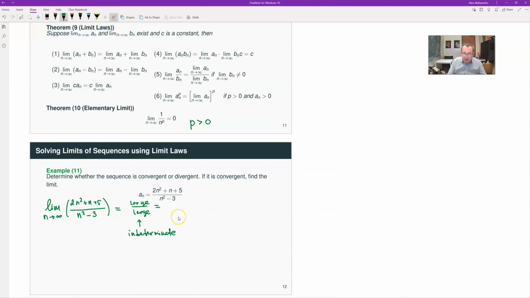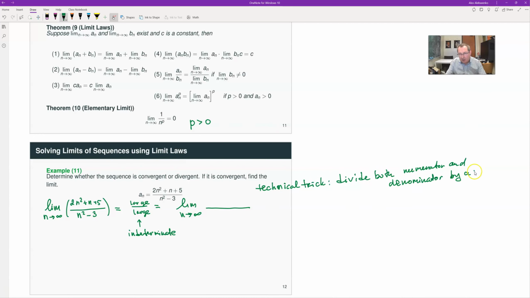Now, what we could do, we can rearrange the expression a little bit to make it determinate. So how can we rearrange the expression? We can use a technical trick: divide both numerator and denominator by a power of n.